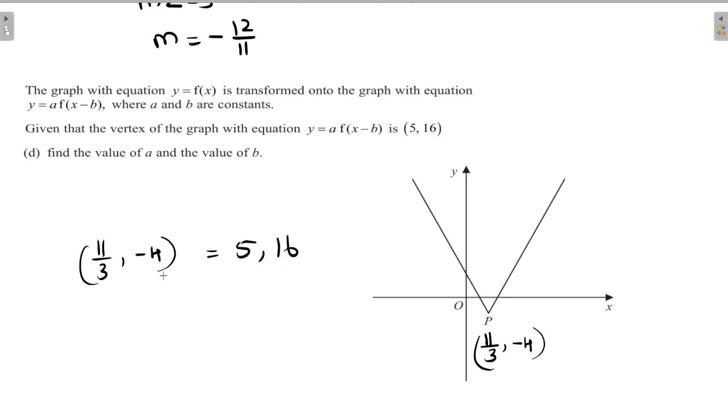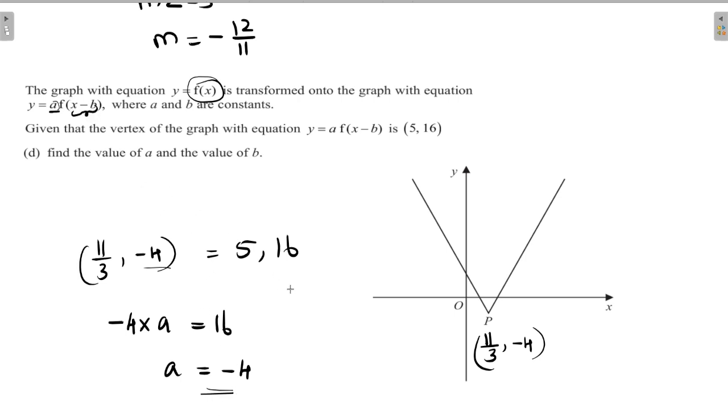So let us find what A is. The first value A: something is multiplied by the f of x, so y is going to be changed. Minus 4 times A is equal to 16. So A is equal to minus 4. Then what about B? Something is added in the x coordinate.